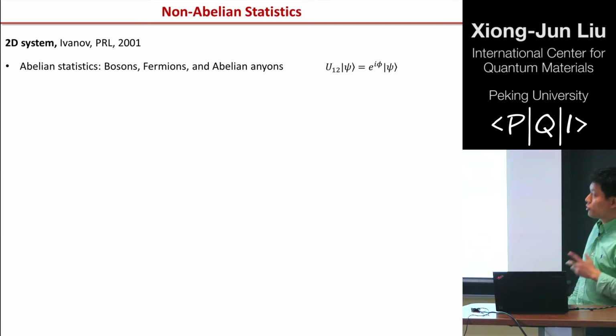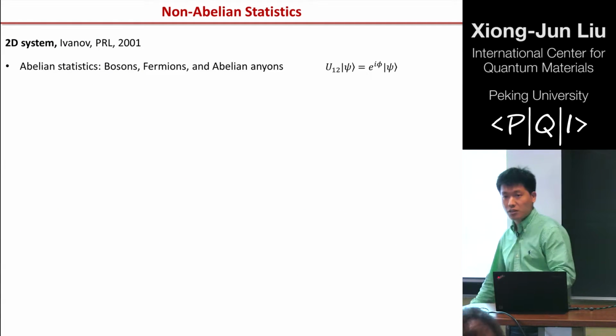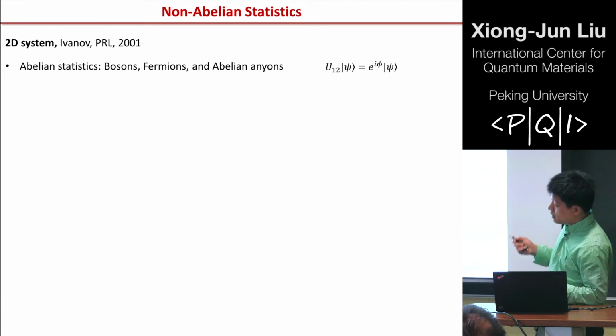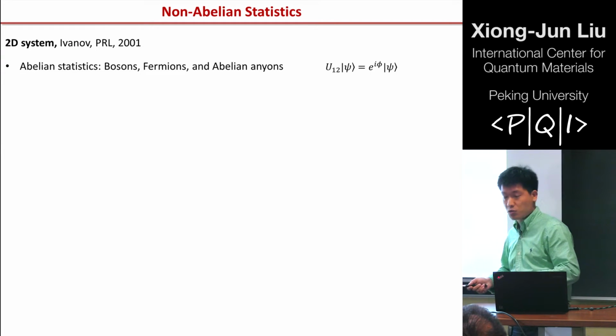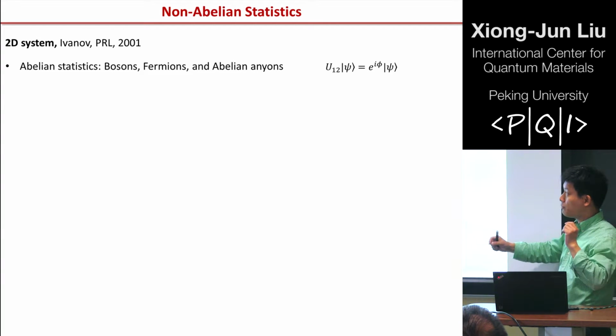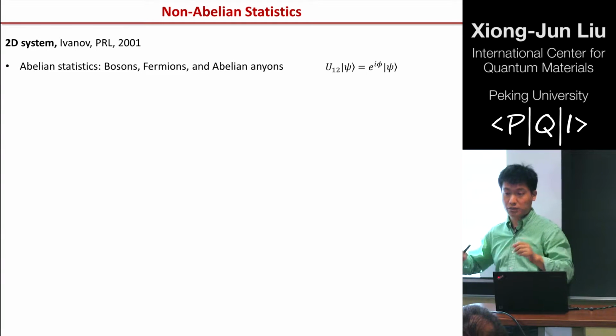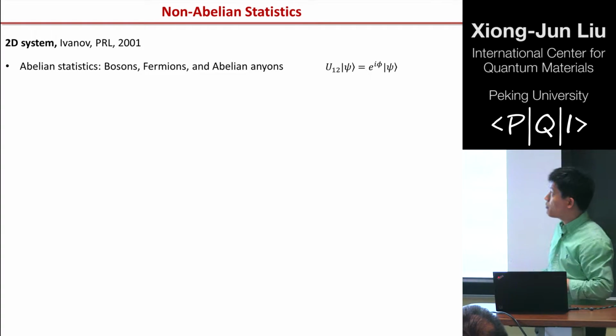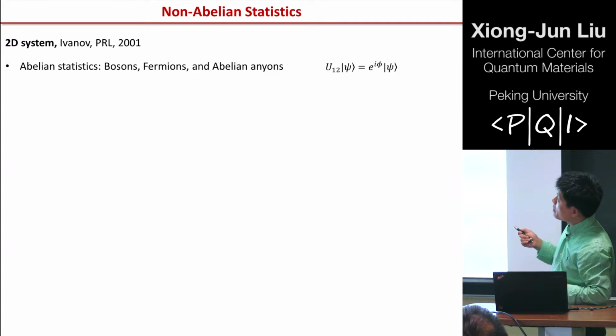Now I'm going to the non-abelian statistics. The statistics corresponds to the braiding rule for the particles. We are familiar with bosons and fermions, or abelian anyons. In those cases, when you braid two particles, you get a phase.